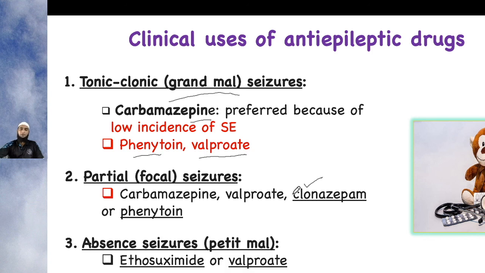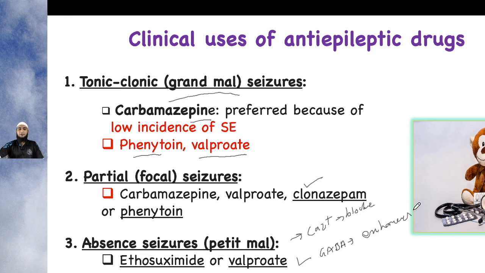The third use is for the treatment of absence seizure. For the treatment of absence seizure, you use the calcium channel blocker and you use valproate, which is a GABA enhancer. So these are the drugs which are used for the treatment of absence seizure.